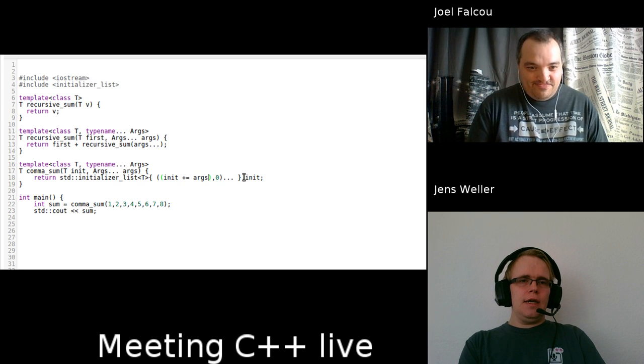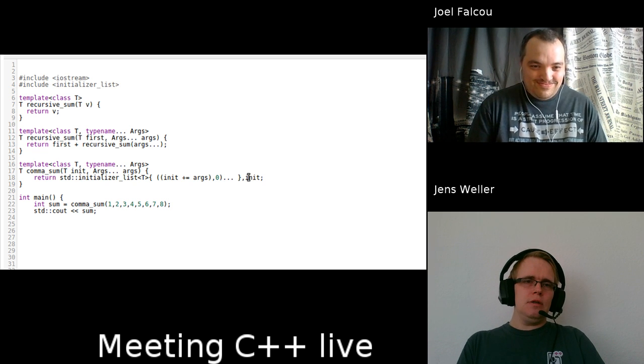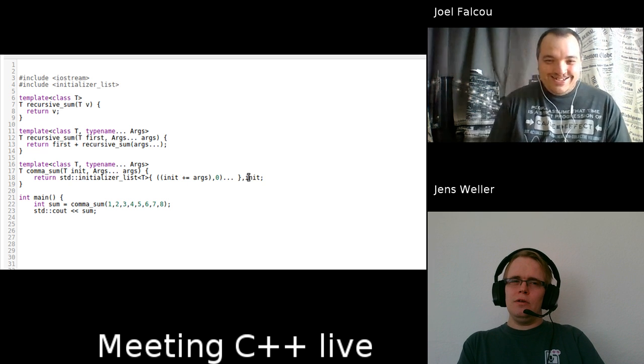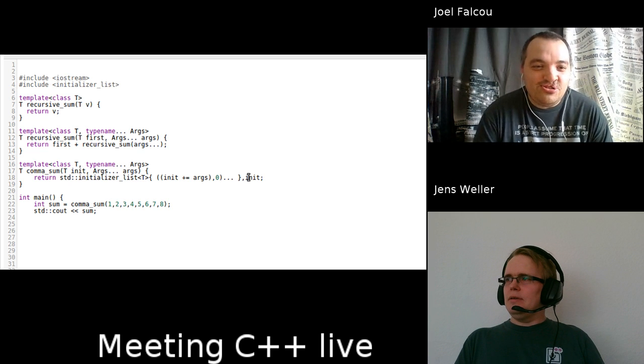And then again, for a second time, we abuse the comma operator to make this in one statement to return init after it's added to everything. So this is kind of like a do-while loop at compile time. It's a do-while over the argument pack, let's say.